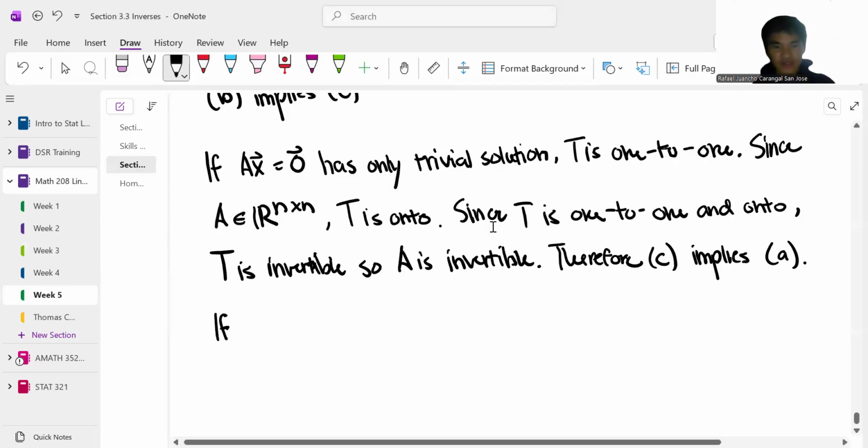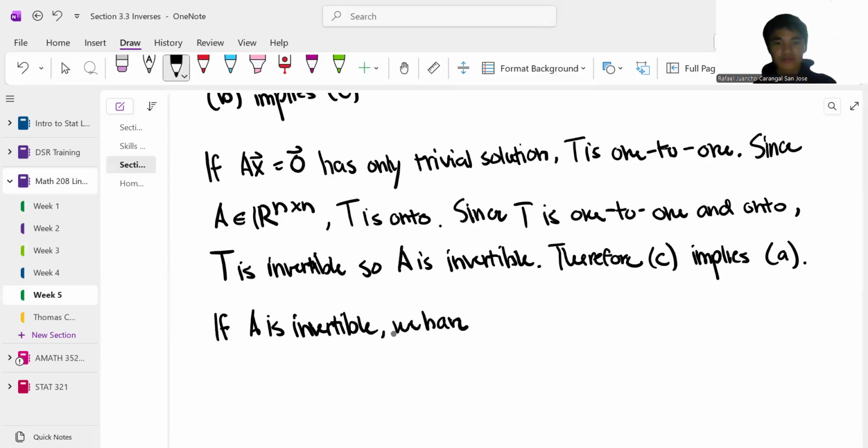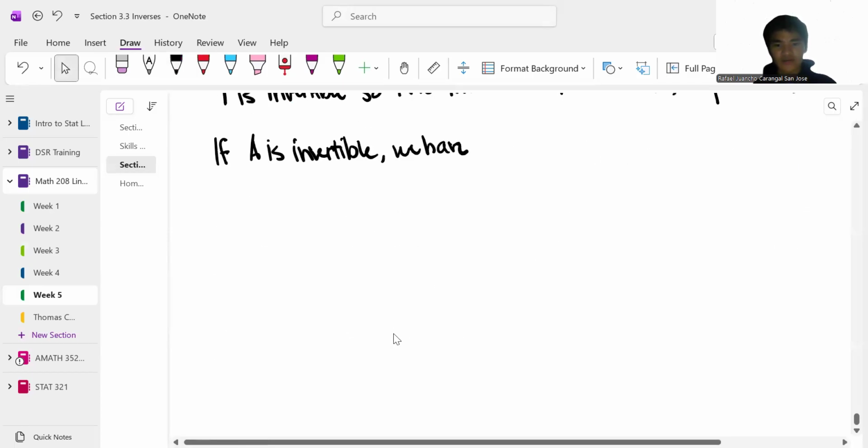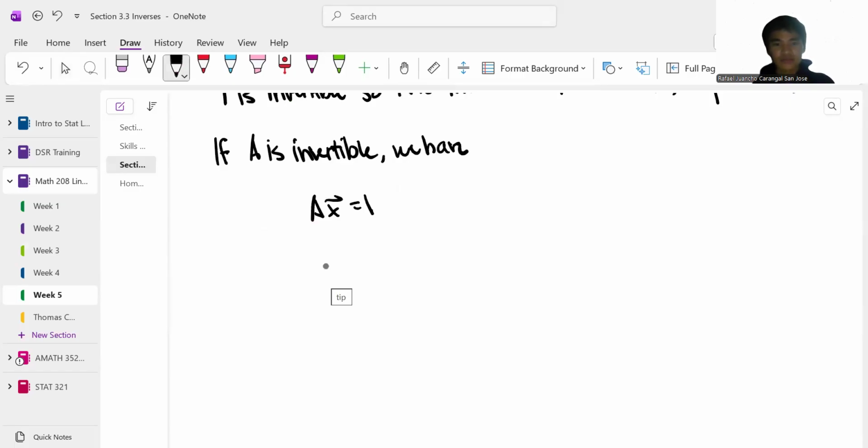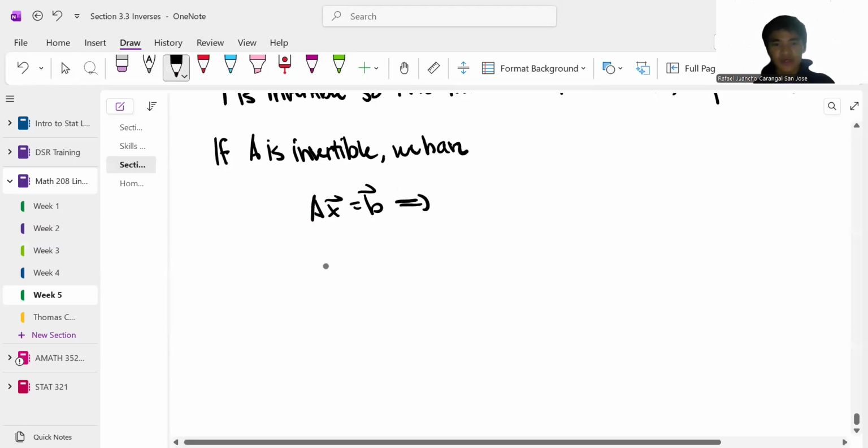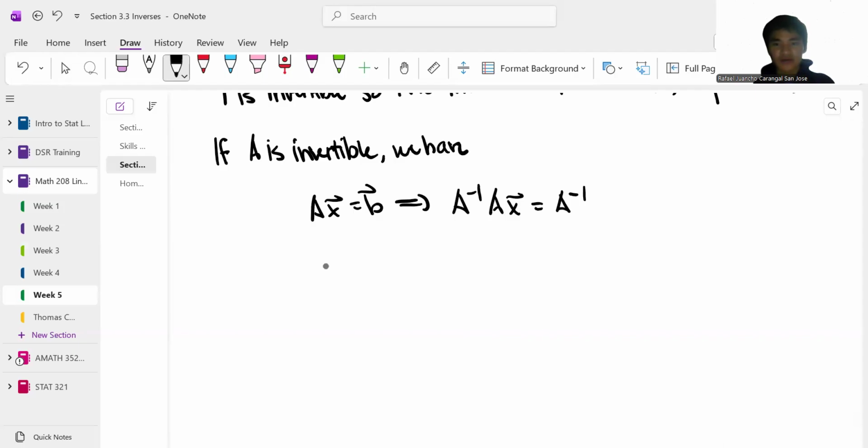And I guess just to finalize it, if A is invertible, we have the following. We have Ax equals b, which is the same thing as multiplying by the inverse of A. Oh no, whoops, my bad.